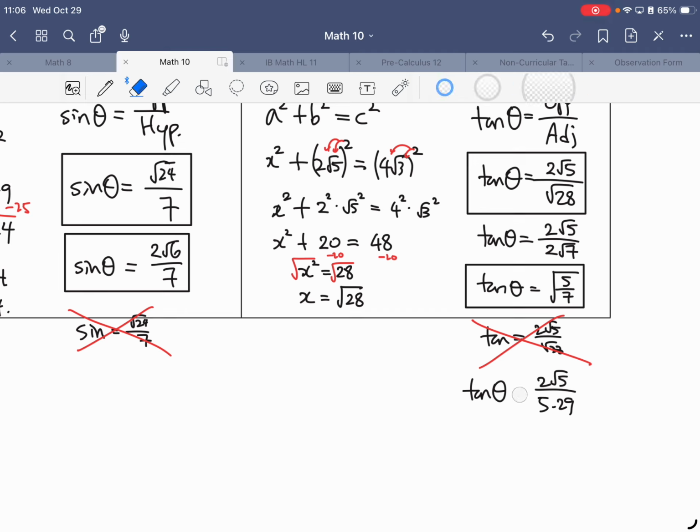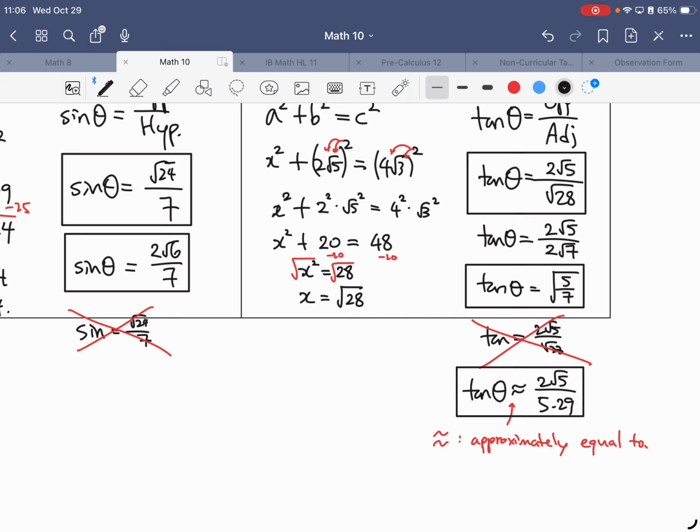What are you allowed to use instead of the equal sign? You're allowed to use the approximately equal to symbol, which is a scribbly equal sign. So I'll accept that answer as well, as long as you use that notation properly. If you say tangent of theta is equal to 2 square root of 5 over 5.29, I will actively mark it incorrect.